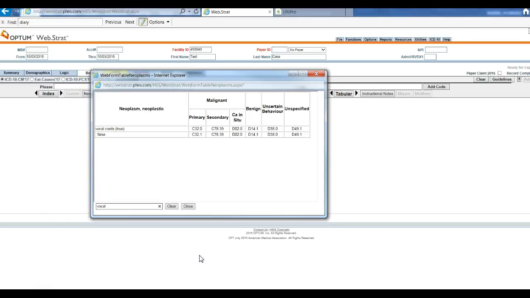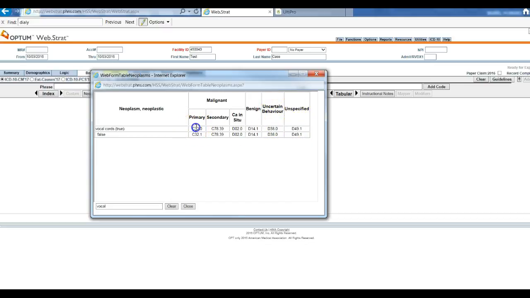Okay, so I was able to pull my neoplasm for my vocal cords, and as you can see, there's true vocal cord and there's false vocal cord. So that does matter in your code selection. As you can see, as we mentioned, the table has primary, secondary, in situ, benign, uncertain behavior, and unspecified.